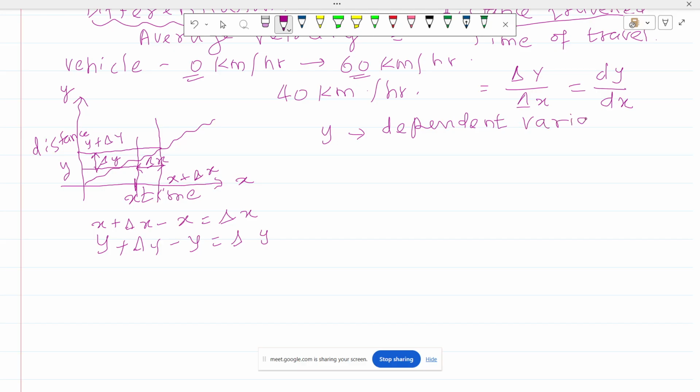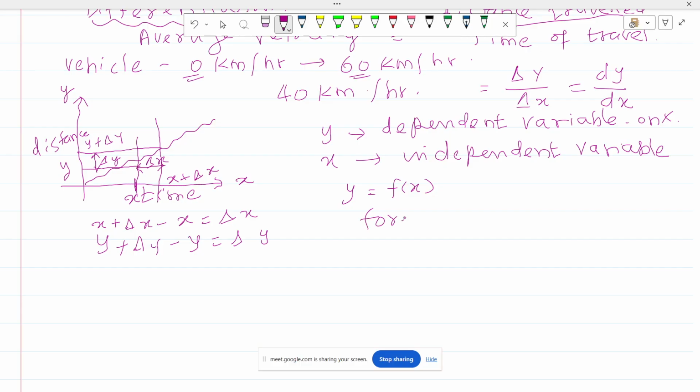Both are variables only, y and x are variables. Then x is known as the independent variable. Why is y known as dependent on x? Generally we can write that y equals some function of x.